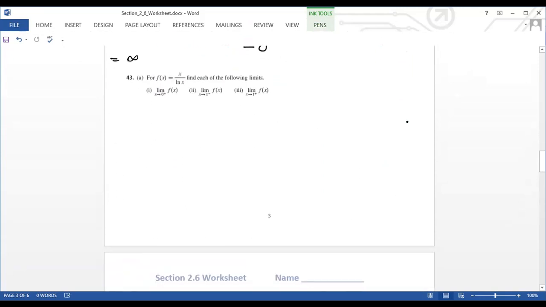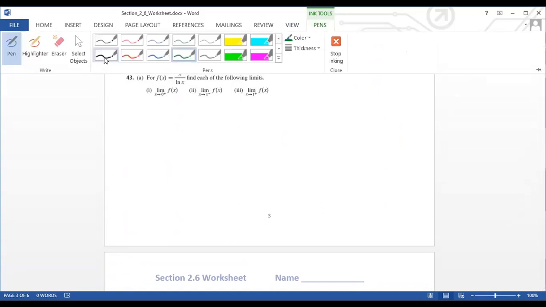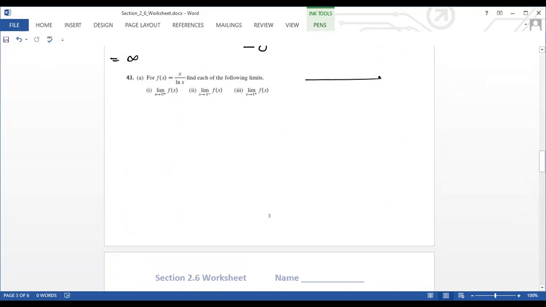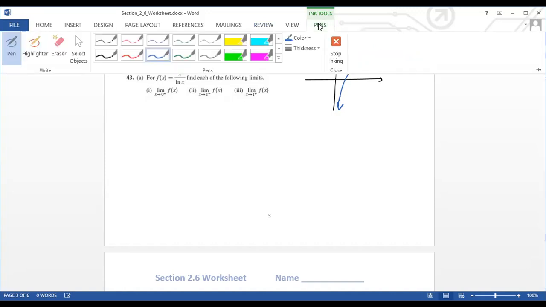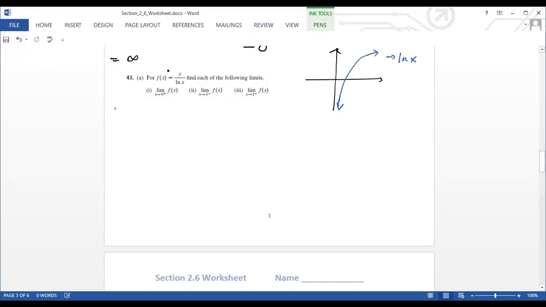Okay, so this is more practice with the natural log, so let's try to graph it again. So this is our natural log, right? So this is our function. Let's be careful, because for log functions the domain is greater than 0. Now let's take a look at part 1.